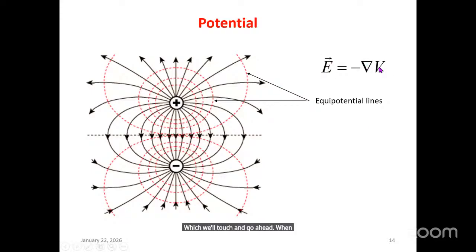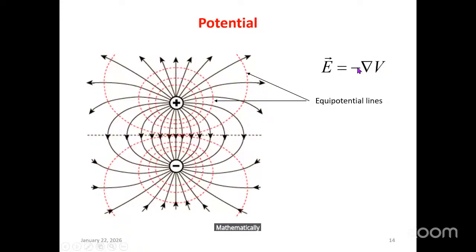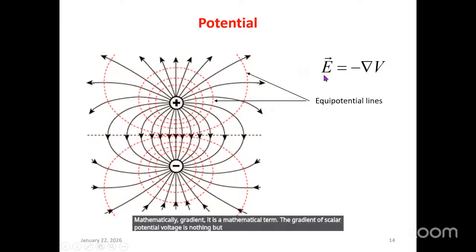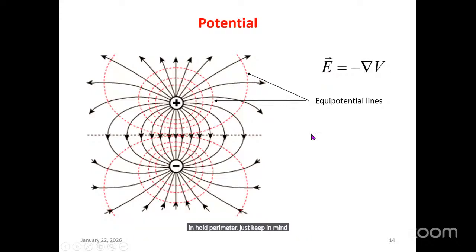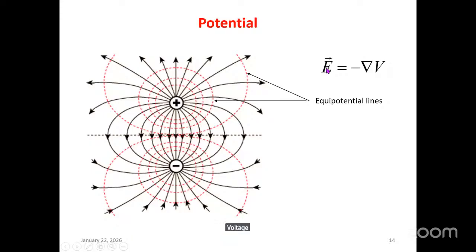Whenever there is an electric field, there is voltage. Mathematically, gradient is a mathematical term. The gradient of the scalar potential, voltage, is nothing but the electric field in volt per meter. Just keep in mind, forget the equipotential figures and all, but voltage gives the electric field, simply proportional.